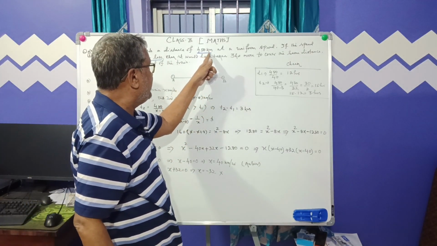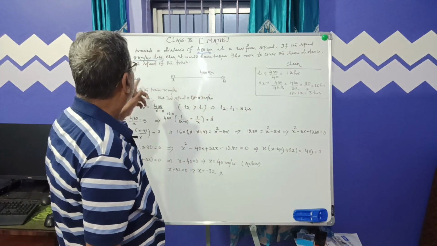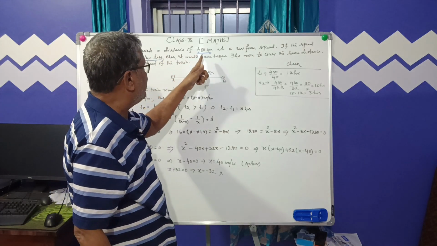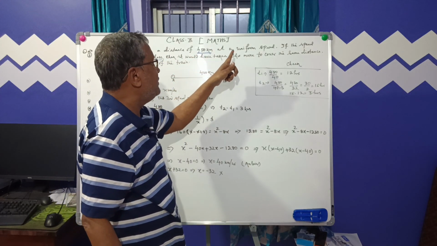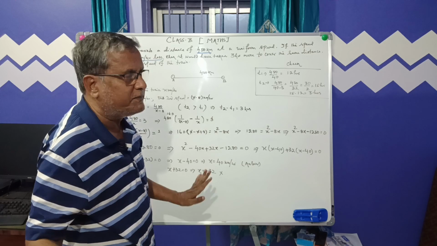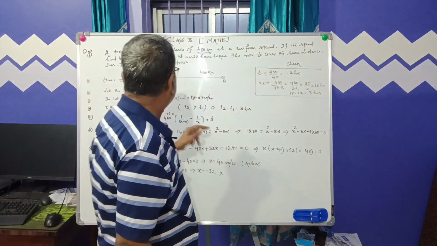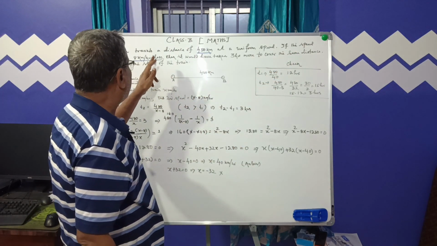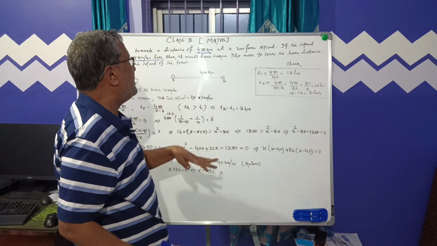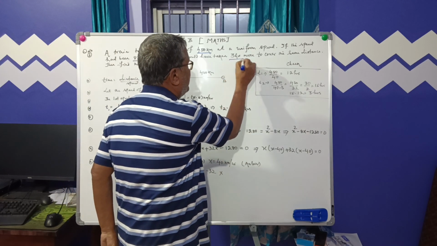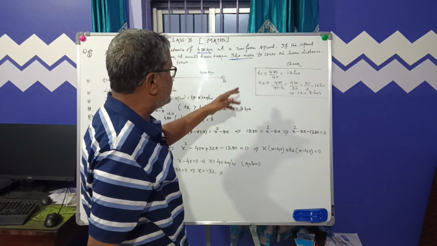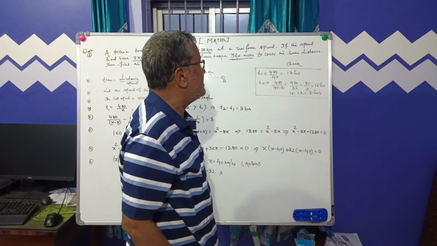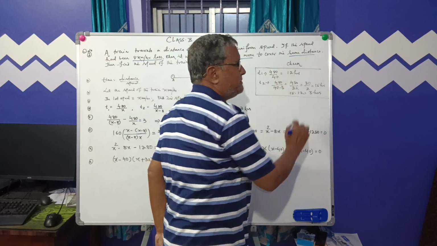First, 480 kilometers, that is the fixed distance. The train travels a distance of 480 km at a uniform speed, no change in the speed. If the speed had been 8 km per hour less, then it would have taken 3 hours more. This is another key point: 3 hours more to cover the same distance. The same distance, no change.